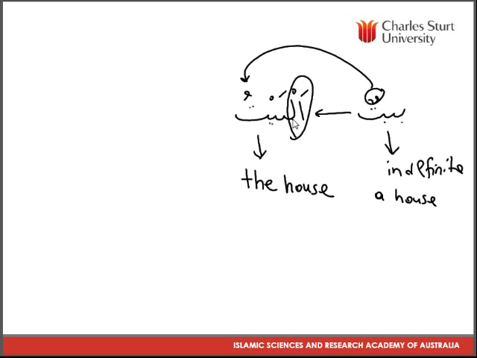I think it's really important to understand the concept of mubtada and khabar, because in Arabic half of the sentences are jumla ismiya, the other half is jumla fi'liya. The main rule for jumla ismiya is this: it has to start with a definite noun, and there must be an indefinite thing giving information about that subject.